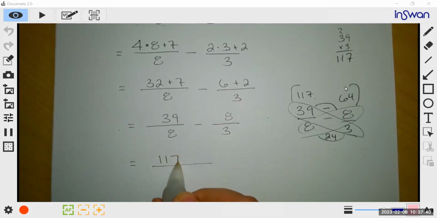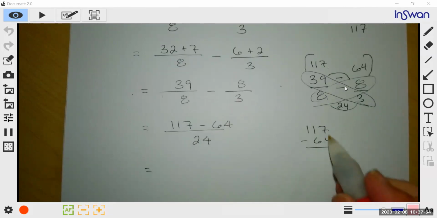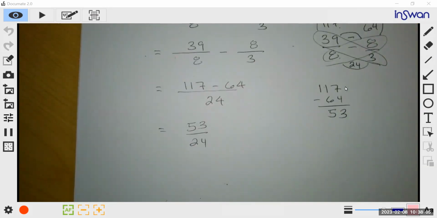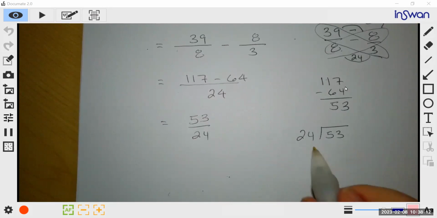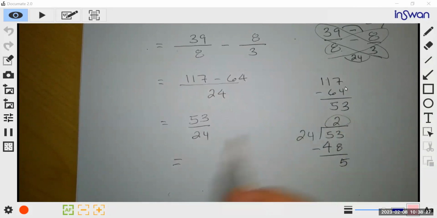So we have 117 minus 64 over 24. 117 minus 64 is 53. 2 times 24 is 48. 53 minus 48 is 5. So our answer is 2 5/24.